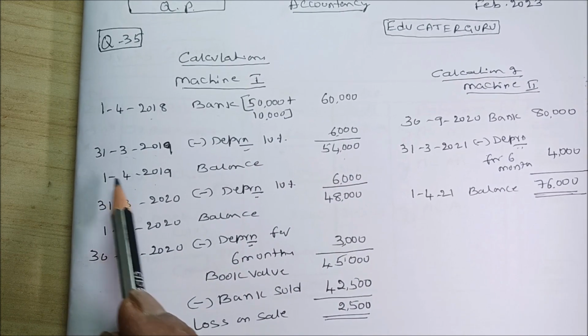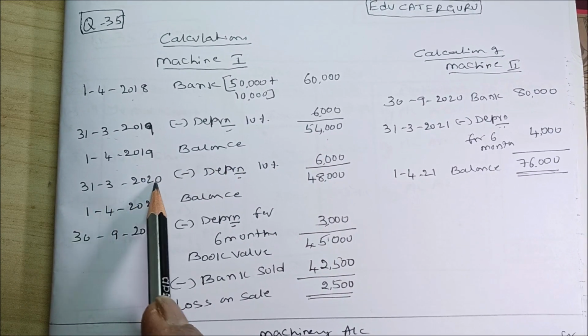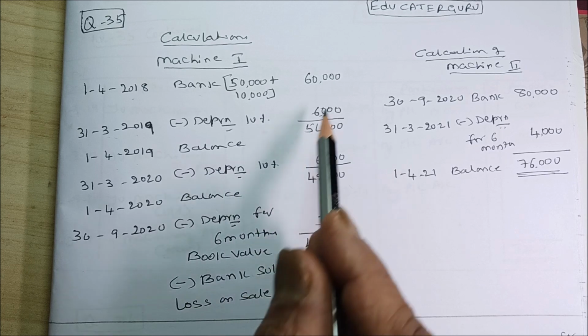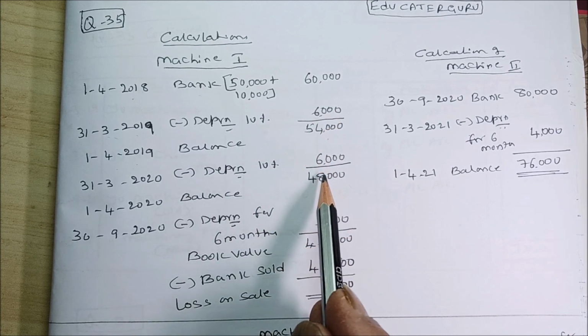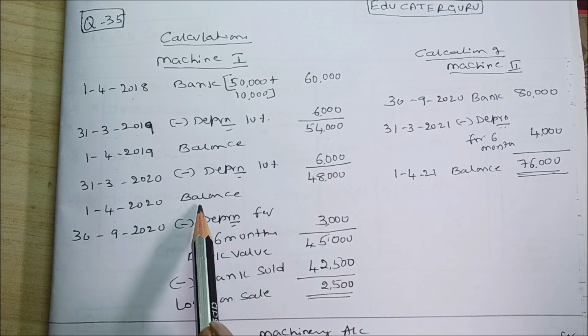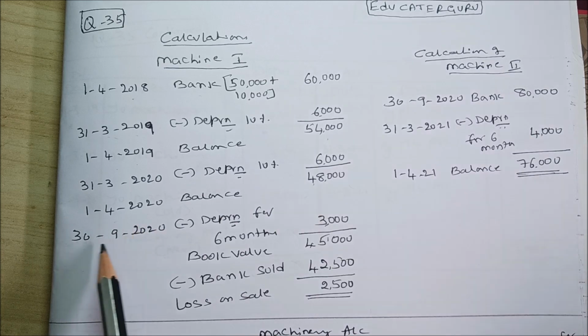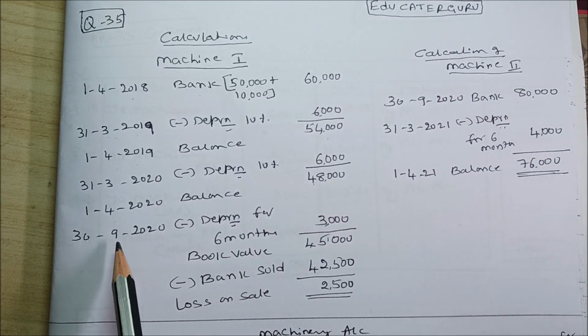So balance on 1/4/2019 is 54,000. 31/3/2020, less depreciation 10%, same depreciation because under the straight line method, 6,000. Then 1/4/2020, balance is how much? 48,000.